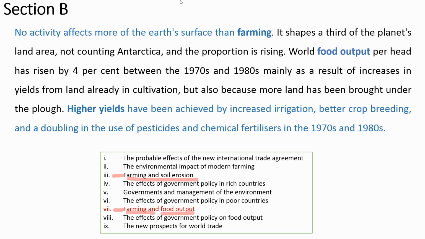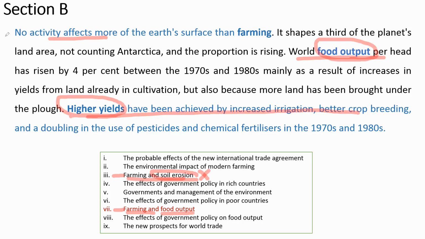If you look at the first and the second sentence, we will see that this paragraph relates more to food output, higher yields, as you can understand from the words in bold, and here it has nothing to do with soil erosion, so we can eliminate this, okay?